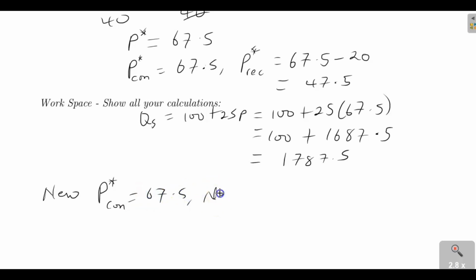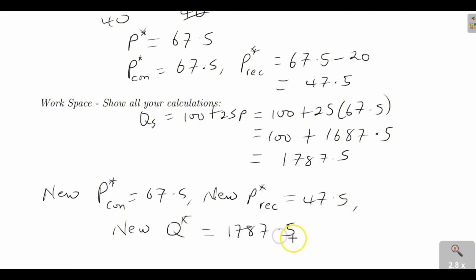Our new equilibrium price received by the producers is 47.5. And our new equilibrium quantity is 1,787.5 units.